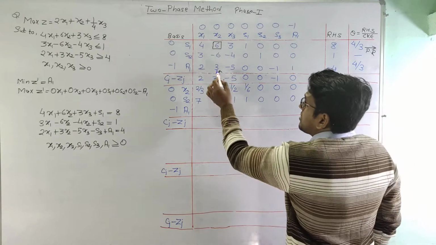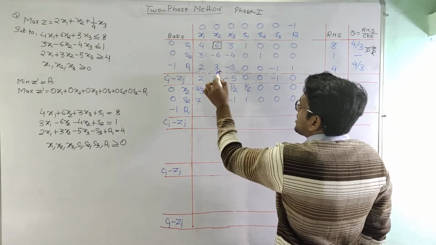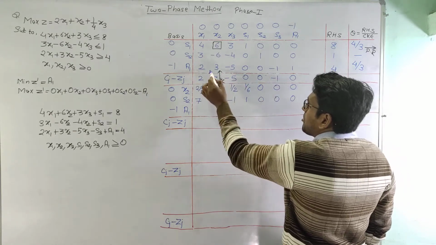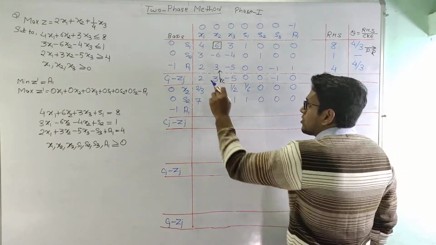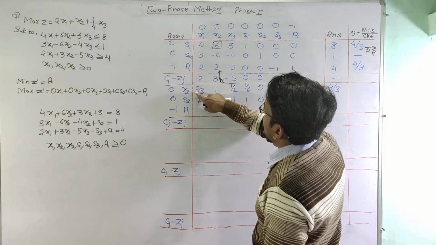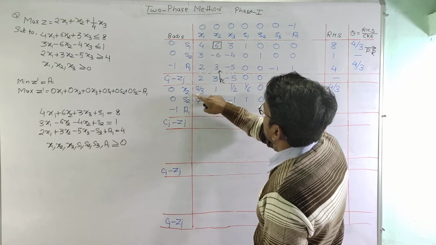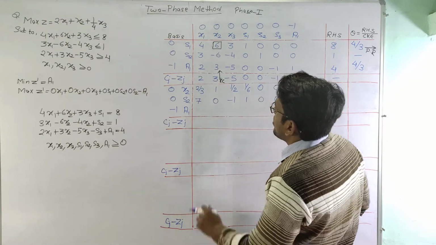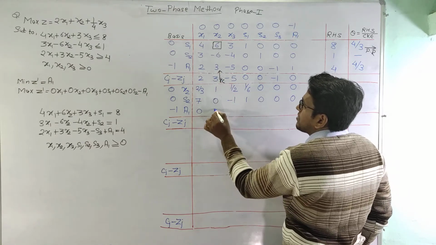Similarly, I need to make this element 0. So I'll take row 3 minus 3 times new row 1. So 2 minus 3 times new row 1. This will be 2 minus 2 is 0. This will be 3 minus 3 is 0.